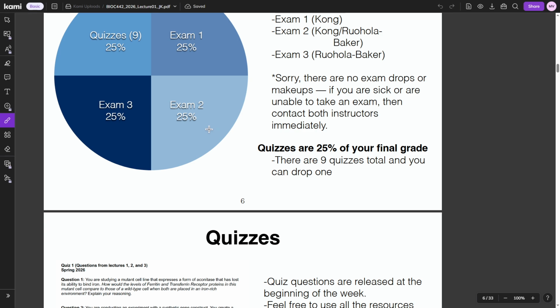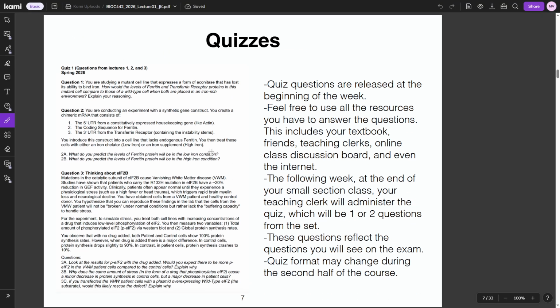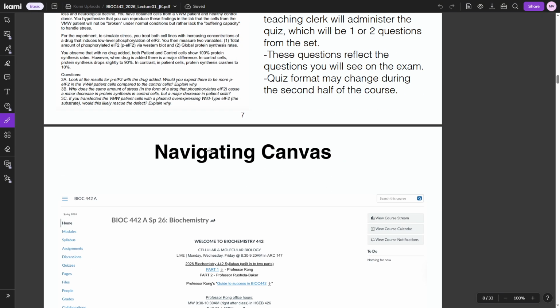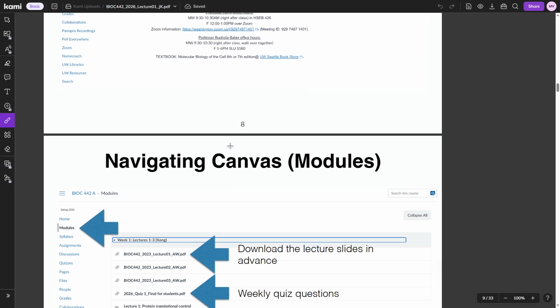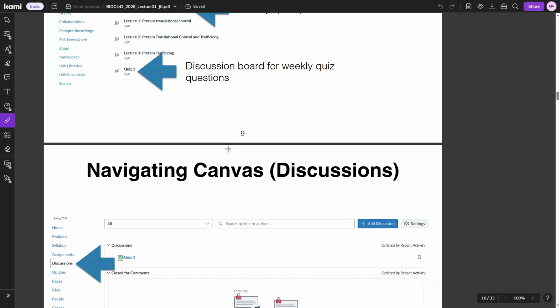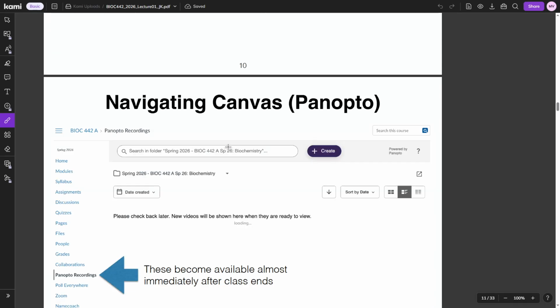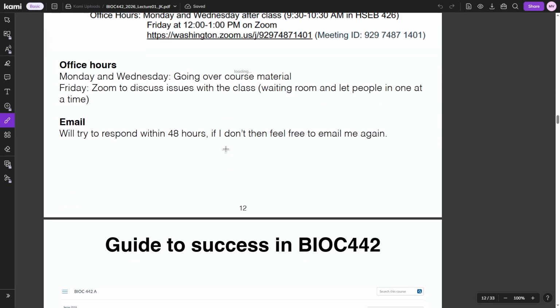The slides are a bit interesting for Professor Rohola Baker, but she's very enthusiastic about what she's teaching, and I thoroughly enjoyed her section. Despite 442 probably being my worst grade of the 3 biochems, I found that it was a pretty cool class. So go ahead and I don't really care about all this stuff.